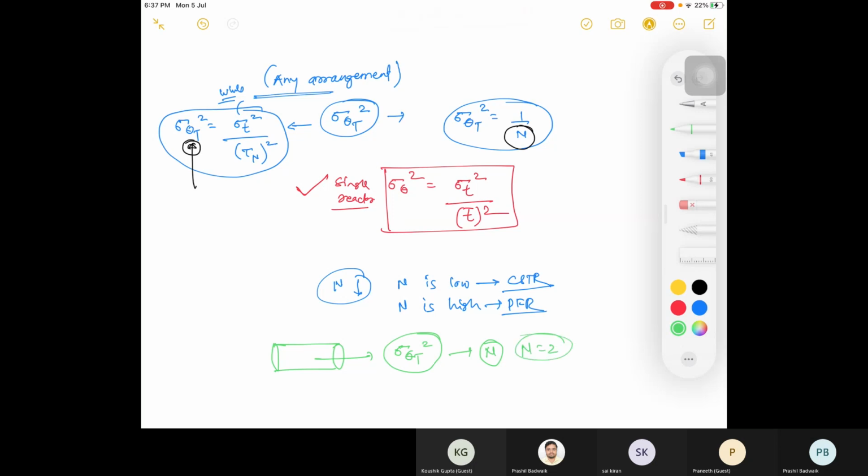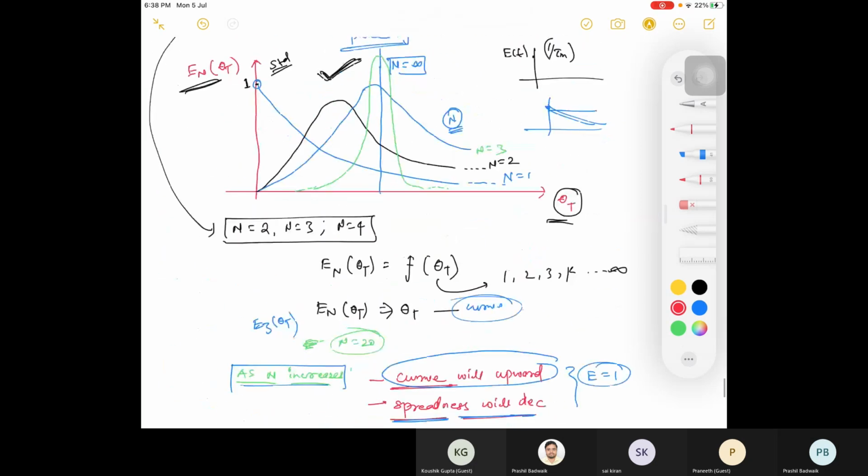Is it your ideal PFR if your n is a lower value? No, sir. So based on this number, you can judge whether your reactor is performing as what it is designed for. So this is a single number that is telling you. I hope we have come this far.